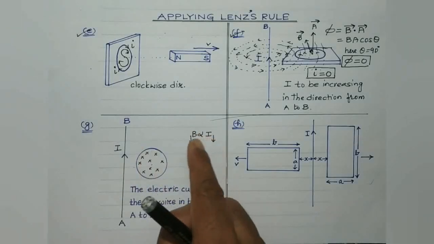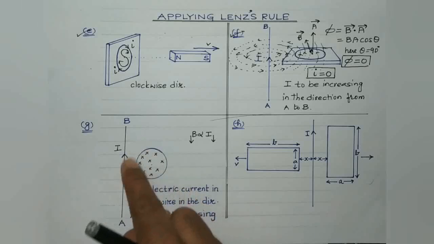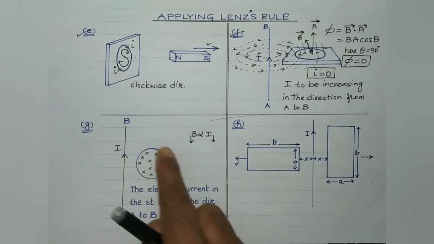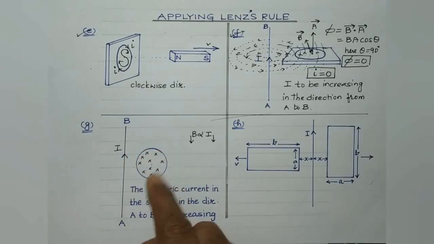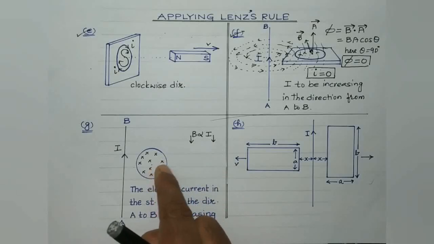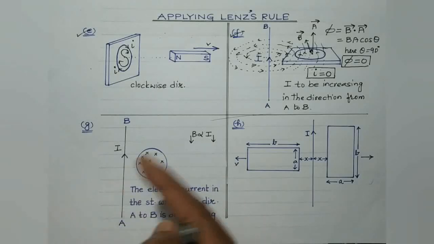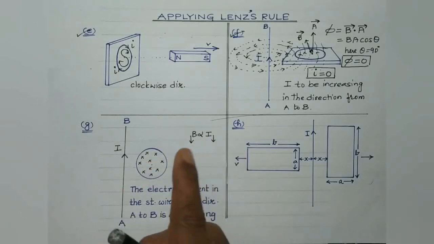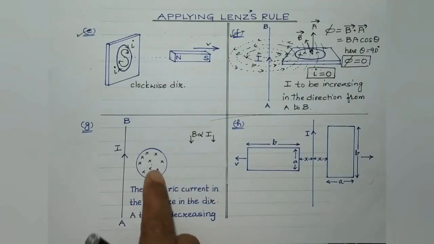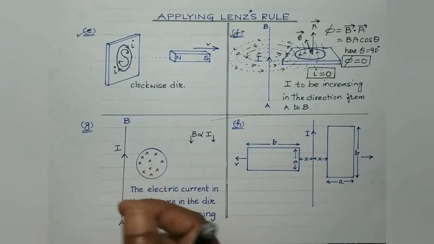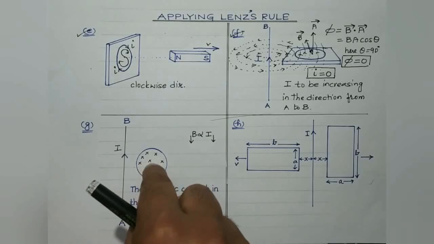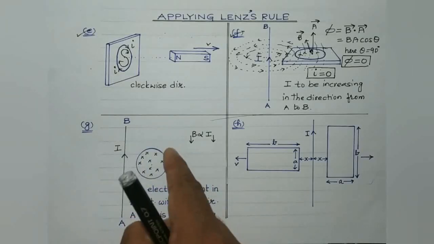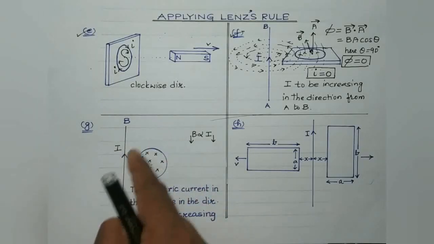Due to this change in the magnetic field or the magnetic flux linked with this coil, an induced current will definitely get produced, and the direction of this induced current will be such that it opposes the change or the cause that produces it.